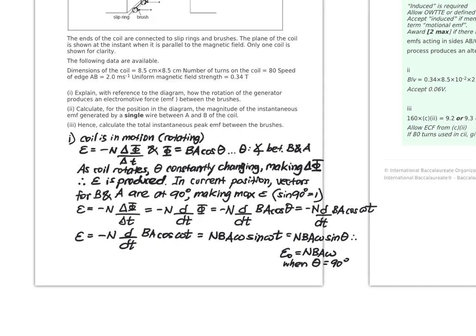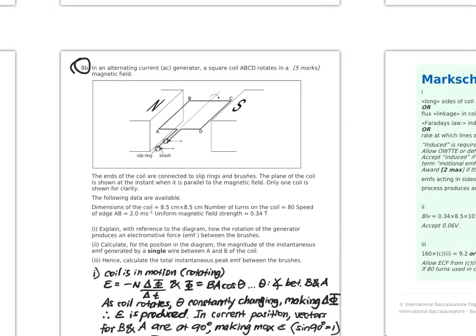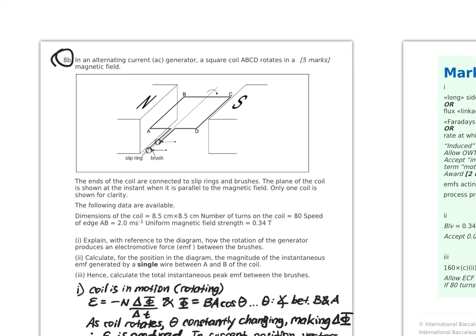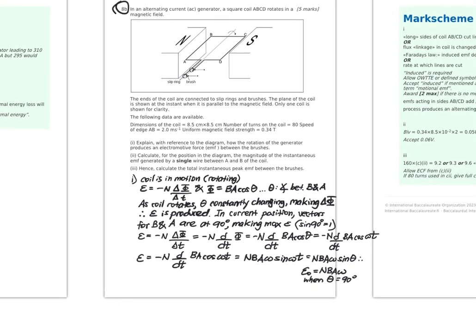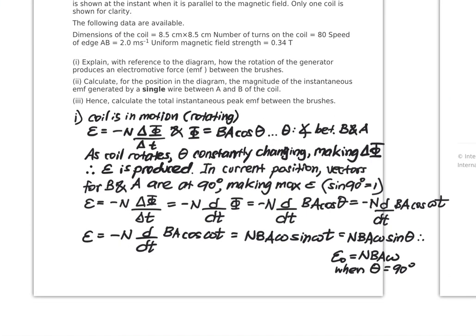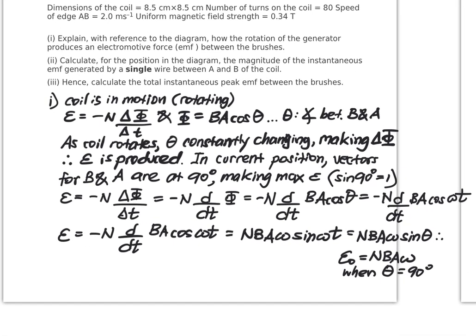But it did refer to the diagram because in the coil, the area vector is at right angles to the magnetic field, and if you take the first derivative with respect to time of the flux, you get NBA omega sine omega t, or NBA omega sine theta.